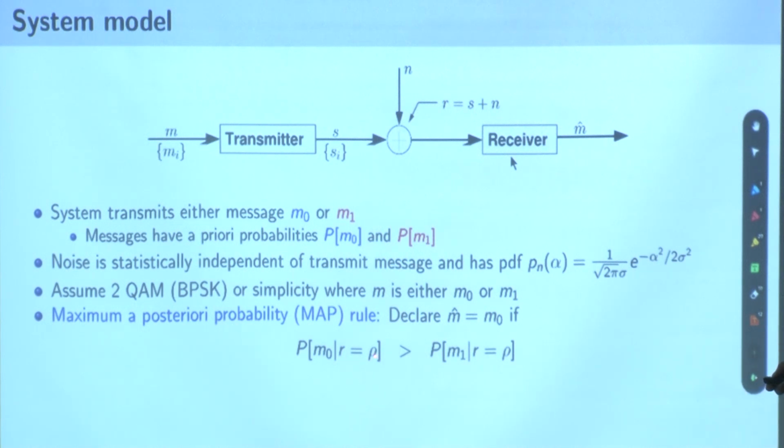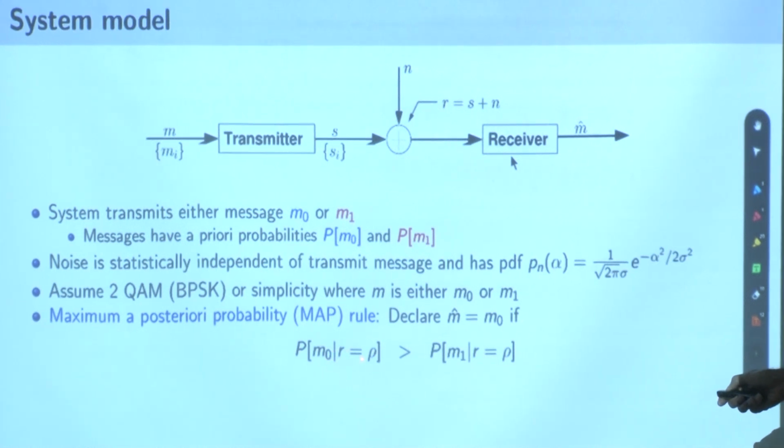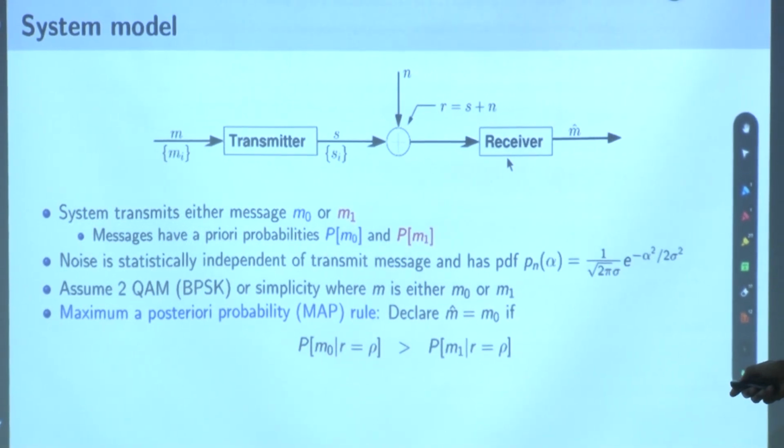And how are we maximizing it? We are calculating two different probabilities: the probability of M0 given this signal is received, and the probability of M1 given this signal is received. We calculate these two numbers, and we say that M0 was transmitted if this probability is greater than the other posterior probability. See, there are two different probabilities.